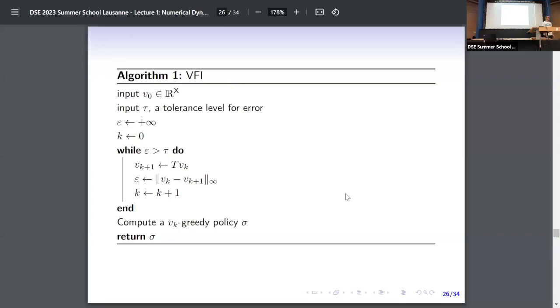In practice, when we look at the code, we use e to the minus 6, and in fact, that's going to terminate at the exact optimal policy for this small problem. Yes, it depends on what you want to use it for.